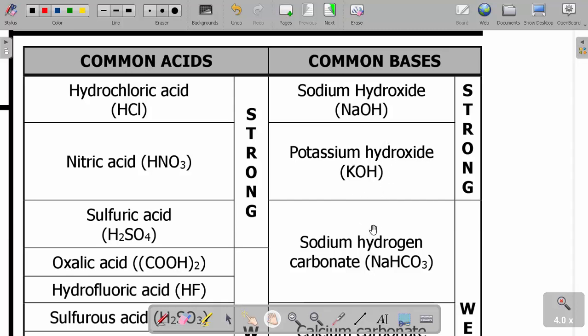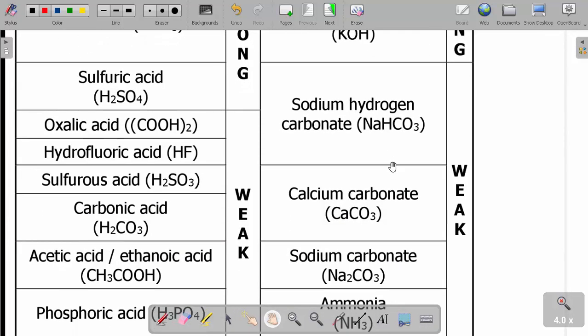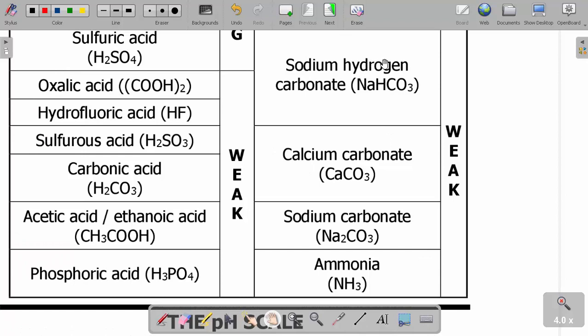Now the weak bases include sodium hydrogen carbonate, NaHCO3, calcium carbonate, CaCO3, sodium carbonate, Na2CO3, and ammonia, which is NH3. These are the weak bases, and the others which are not group 1 bases are also weak bases.